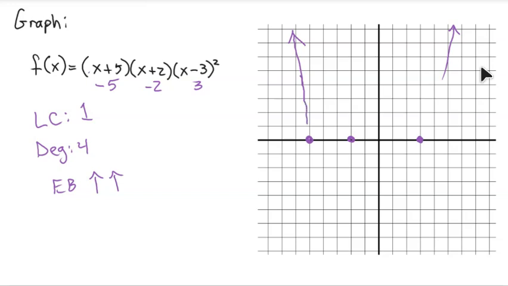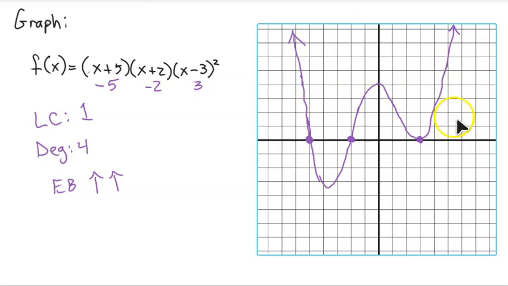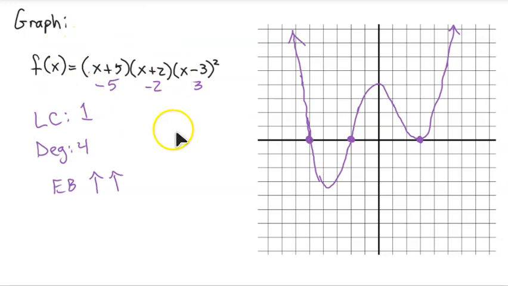Therefore, it's just going to cross right over at negative 5. Then when we turn back to go to negative 2, the multiplicity of negative 2 is also 1, so we're going to cross right over. Then when we turn back to go to 3, we see that the multiplicity is even, and therefore we're going to touch, but then turn back, and then connect with this arrow. And this graph is what this function looks like. And that's our last example.